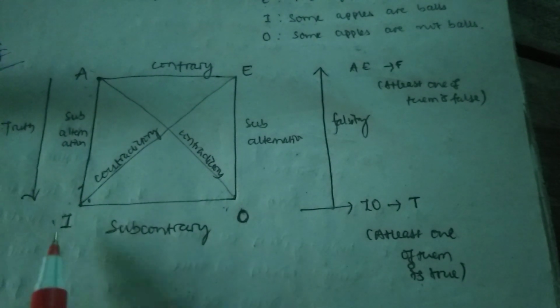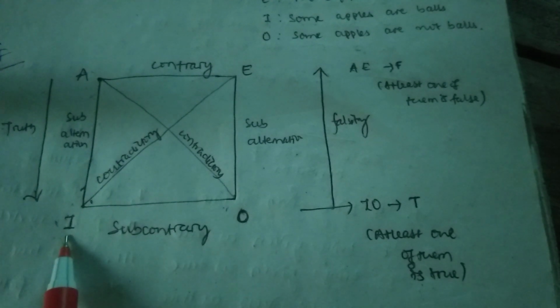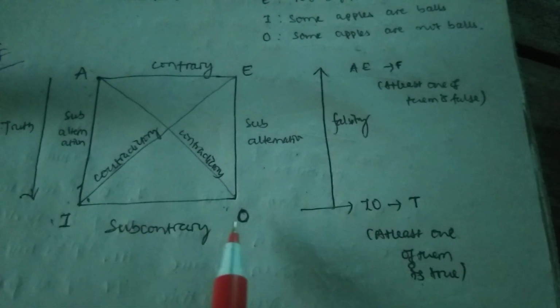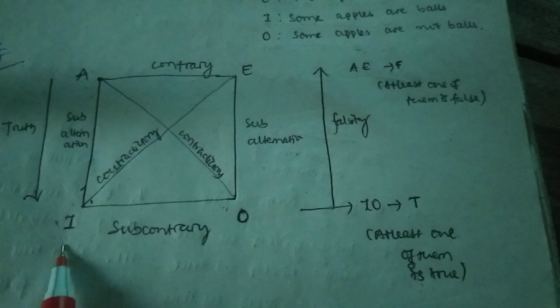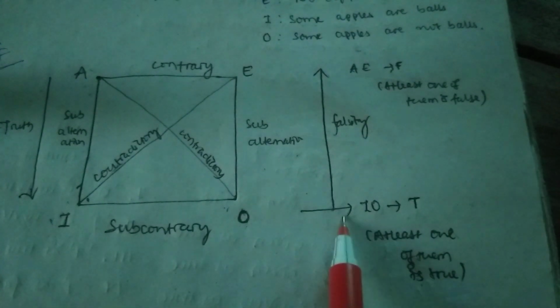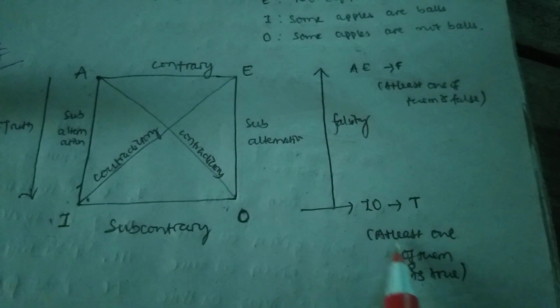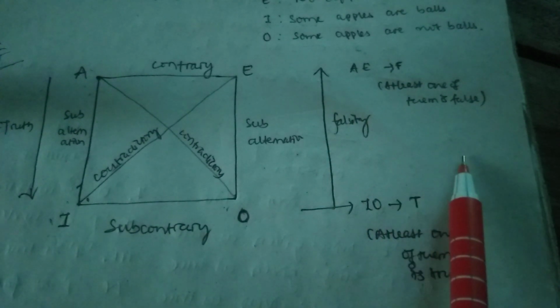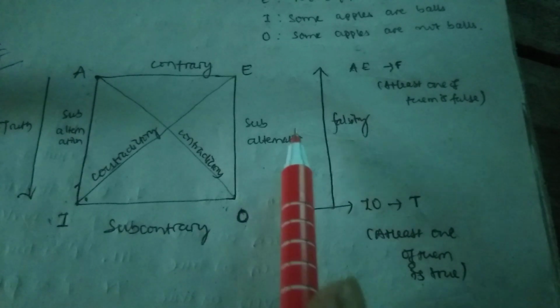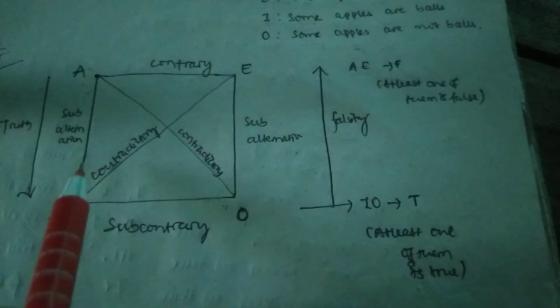If I is true, then O can be either false or true. If O is true, I can be either false or true. From here we remember IoT, at least one of them is true, and from AE, at least one of them is false. Falsity goes up and truth value goes down.